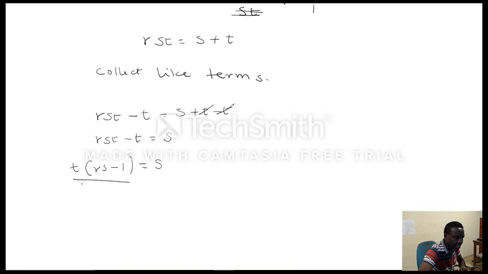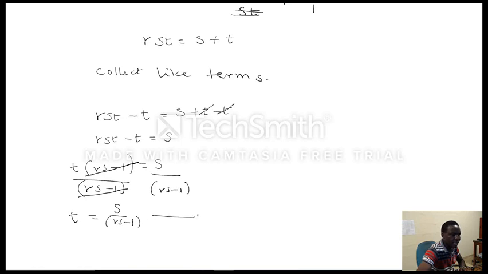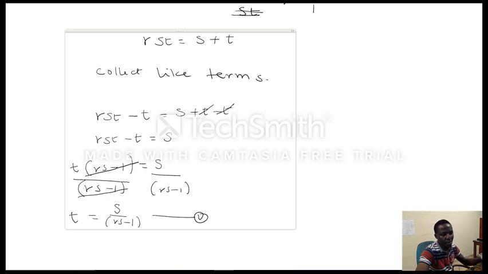So I'm going to divide here by rs minus 1, as well as divide the right hand side by rs minus 1, so that rs minus 1 will cancel this, and our t becomes s over rs minus 1 as the subject of the formula. So by this we have made t the subject of the formula. We are going to take more examples.